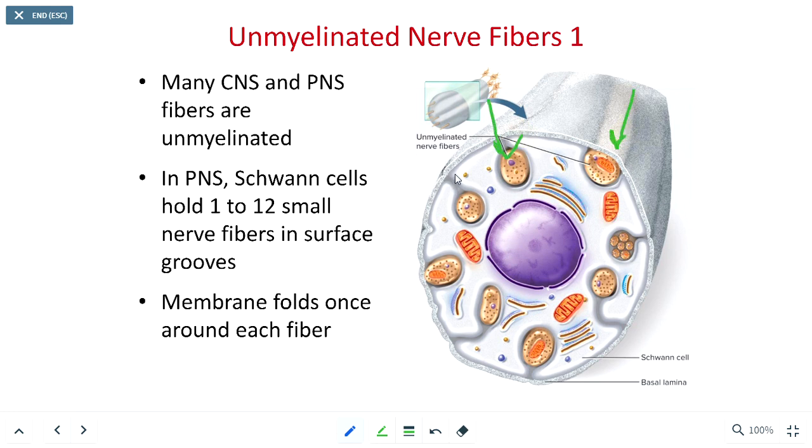You can see there's a little gap. That little gap is going to allow the nerve fiber to be exposed to the same environment that is underneath the endoneurium. So as we're looking at this process, we're going to have a continuously exposed surface membrane of the nerve fiber within the peripheral nervous system.